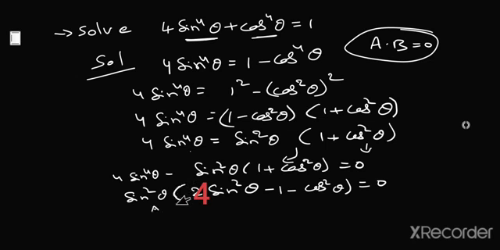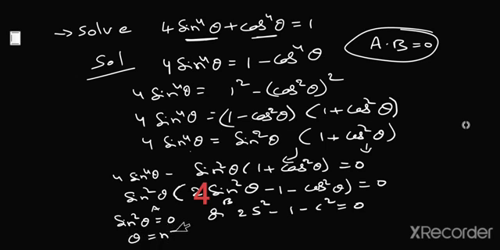I got a into b equals to 0 form, that means either a equals to 0 or b equals to 0. Either sin square theta equals to 0 or 2 times sin square minus 1 minus cos square equals to 0. If sin square equals to 0, then clearly theta equals to n times pi, n belongs to integers.